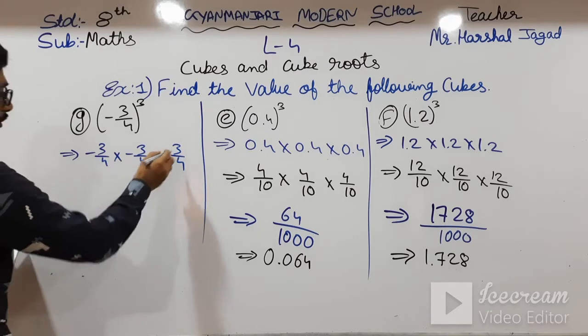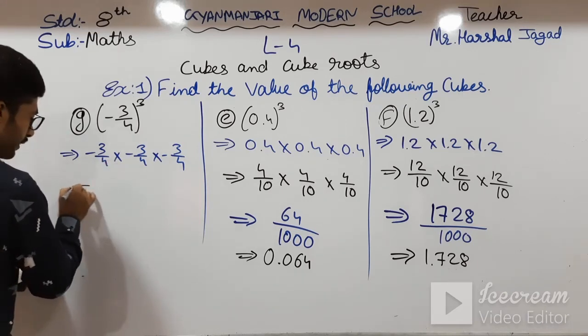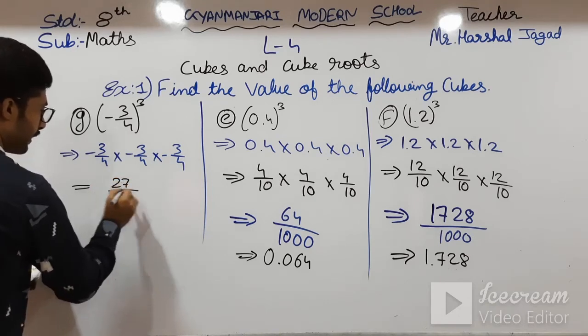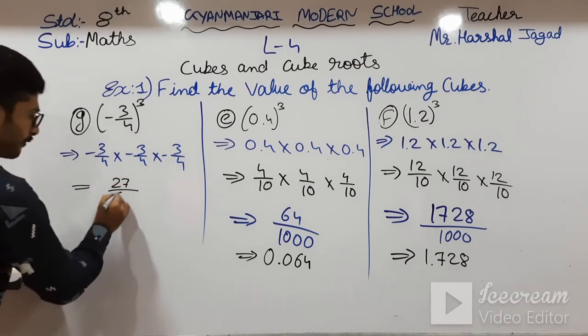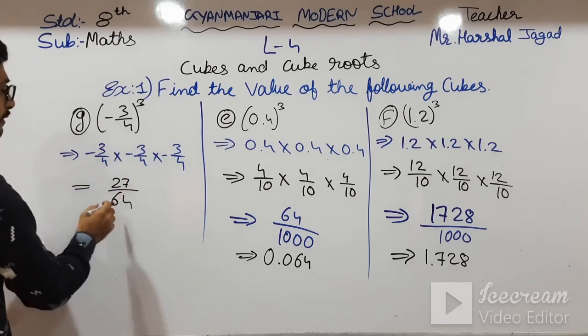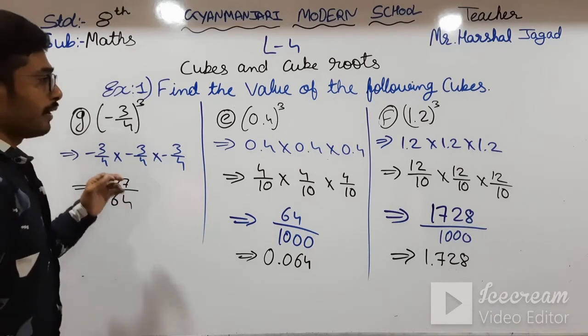Okay, what is the cube of 3? We all know. What is the cube of 3? That is 27 divided by 64. The cube of 3 is 27 and the cube of 4 is 64. Now we will discuss about this sign. What will come? Negative or positive?